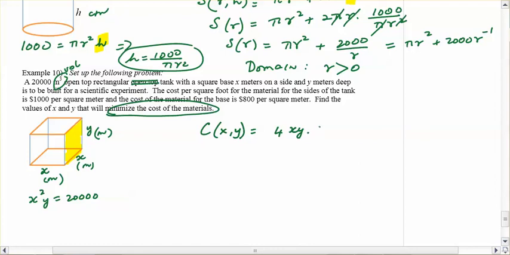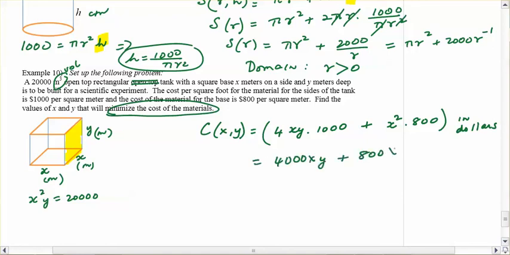And each square meter is 1,000. My answer is going to be in dollars. And then for the base, the area of the base is x squared square meters, and for the base, each square meter costs $800. So this is the cost in dollars. So that's my cost function. It is 4,000 xy plus 800 x squared. That's my cost function in terms of both variables.